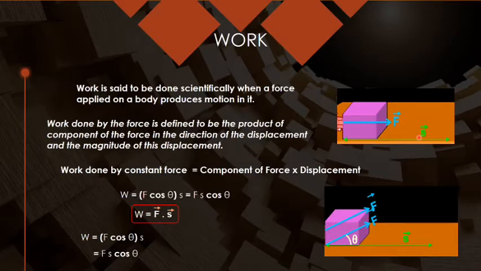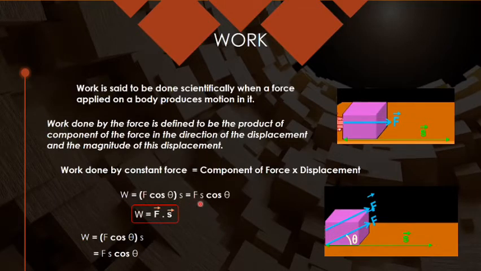But if the force makes an angle theta with the direction of the displacement, I have to take the projection of the force in the direction of displacement, that is F cos theta. So work done is F cos theta into S. By definition, work done is the component of the force in the direction of displacement multiplied by the displacement.